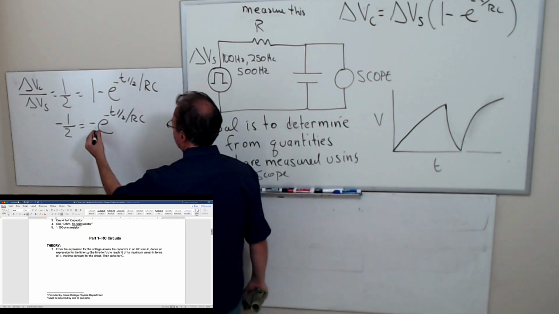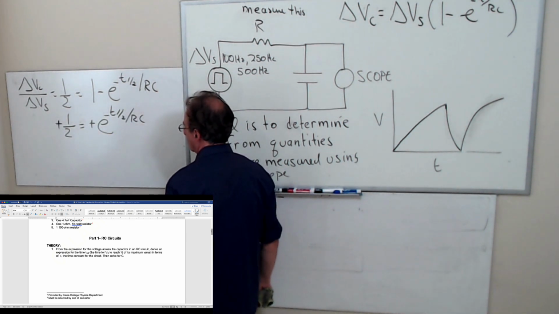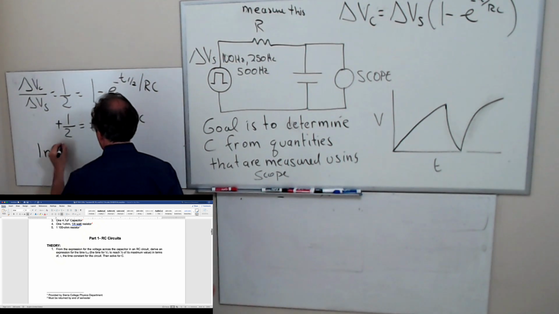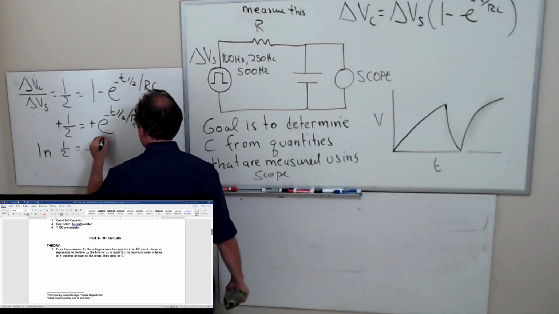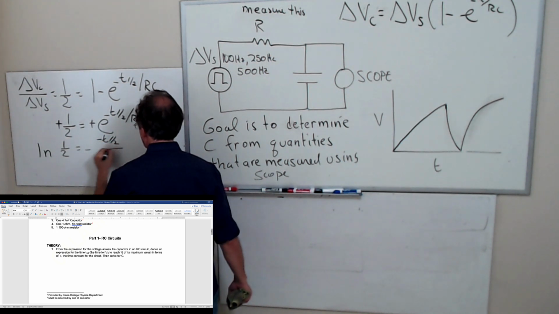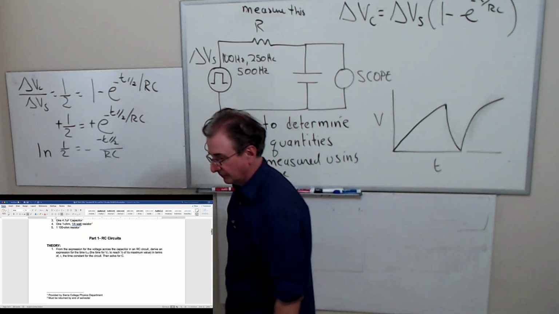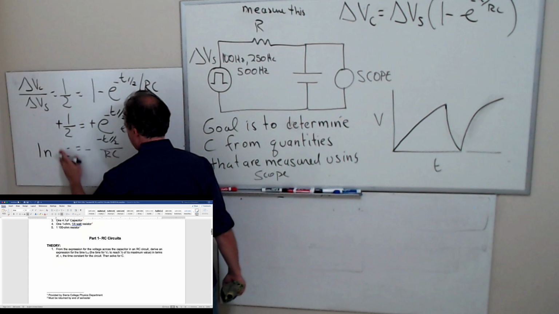Of course, I can cancel out the minus signs. And then I take the log of both sides. And I'm going to cheat now. I'm going to get rid of the 1/2 by doing this.